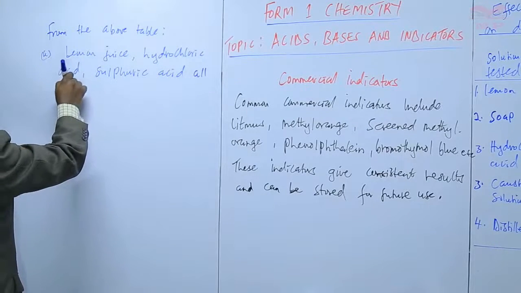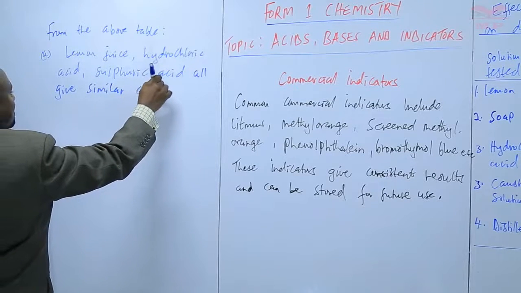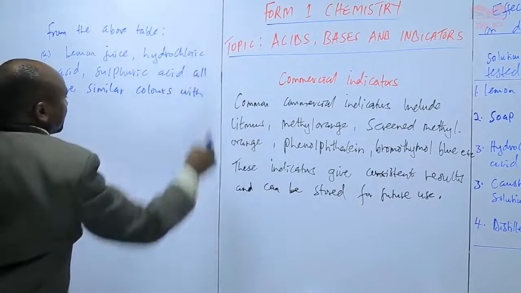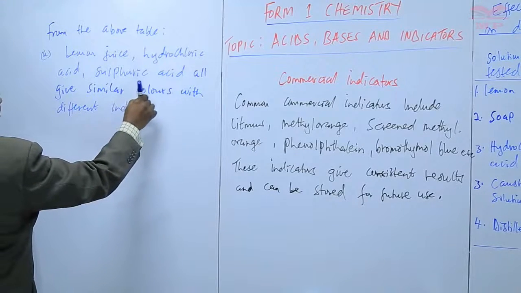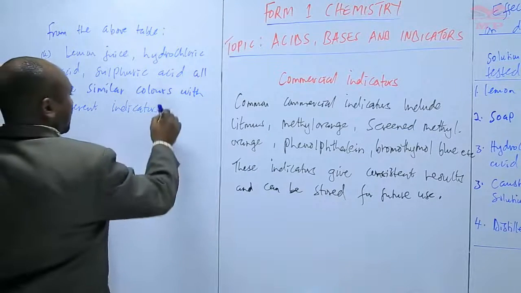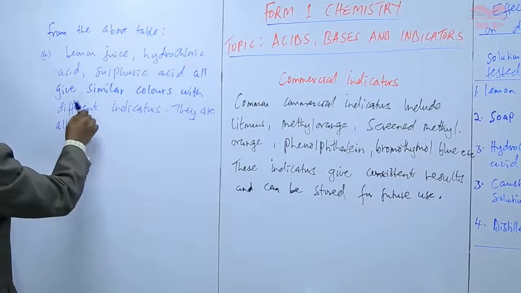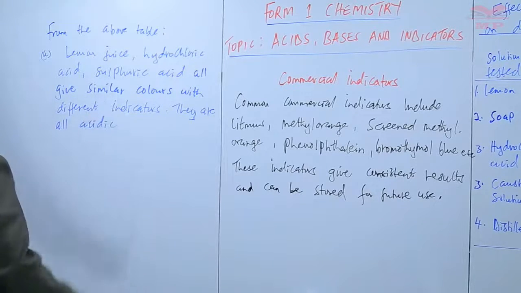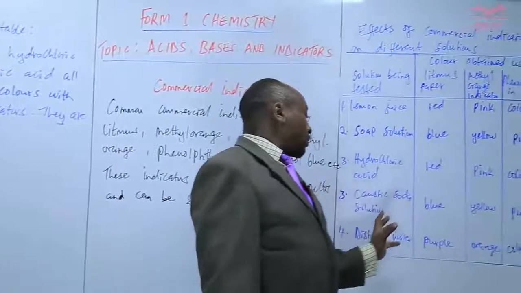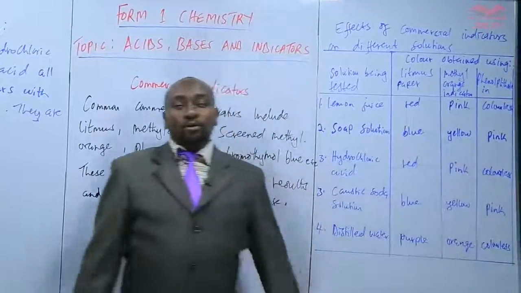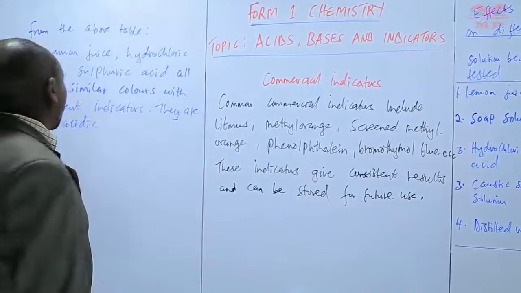All give similar colors with different indicators. They are all acidic. All of them are acidic. That's why they are giving the same colors. Lemon juice, hydrochloric acid, even if we were to use sulfuric acid, it will give us all those colors. So that's an indication that all acidic substances will behave like that.